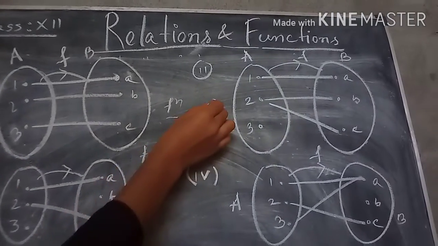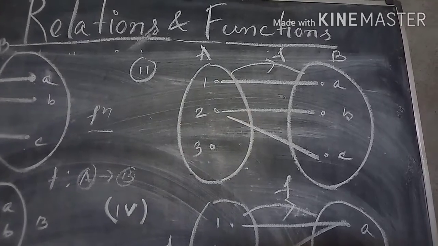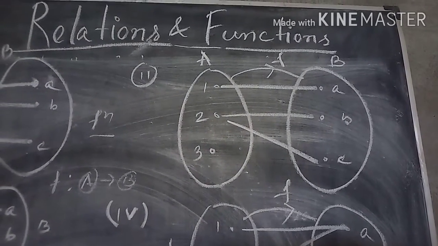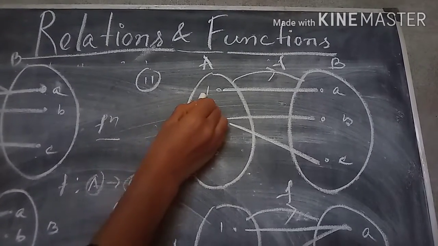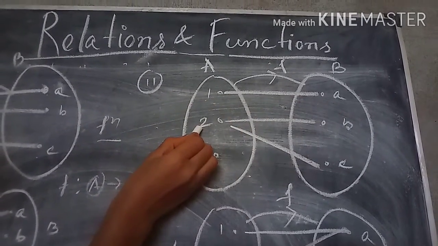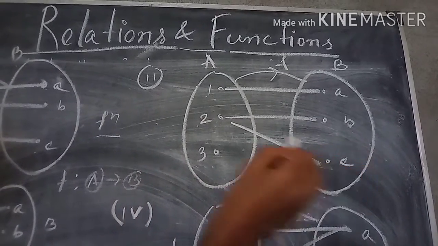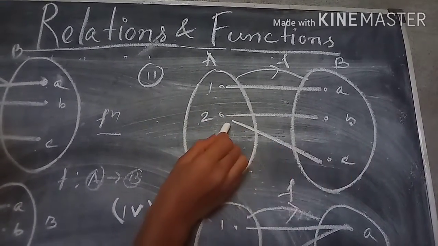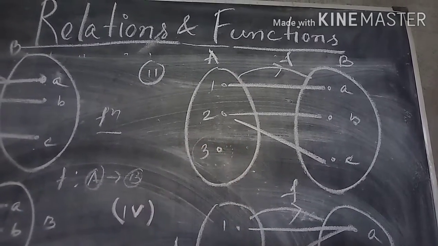Now come to figure 2. Here also the set A contains 1, 2 and 3, and B contains A, B, C. We see 1 is related to A and 2 is related to two different elements of B, which are B and C. 2 goes to B and 2 goes to C also, and 3 remains unrelated.